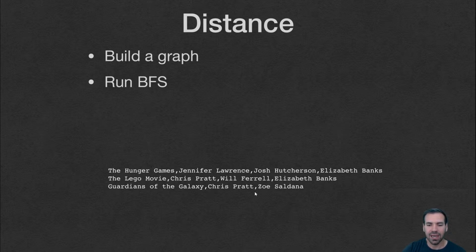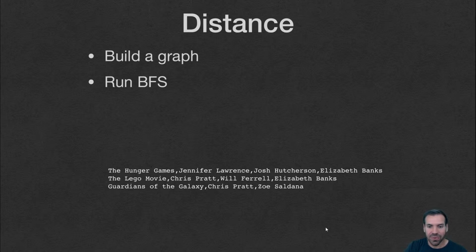Zoe Saldana was in Guardians of the Galaxy with Chris Pratt, who was in the Lego Movie with Elizabeth Banks, who was in Hunger Games with Jennifer Lawrence. So their distance in this graph, their degrees of separation, is 3. 1, 2, 3 is 3.